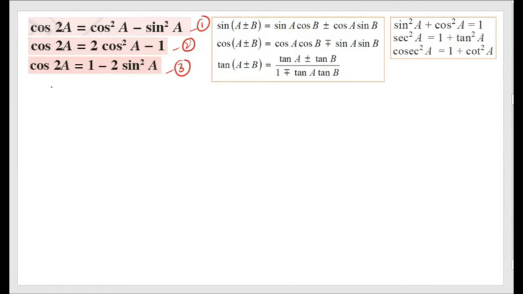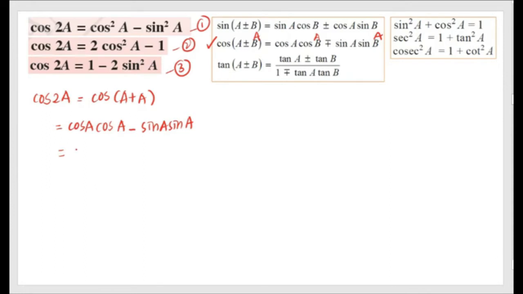We start from cos 2A equal to cos A plus A. Using the addition formula, B becomes A now. So you get cos A cos A, plus becomes minus, negative sine A sine A. Cos square A minus sine square A. So you get the first formula.